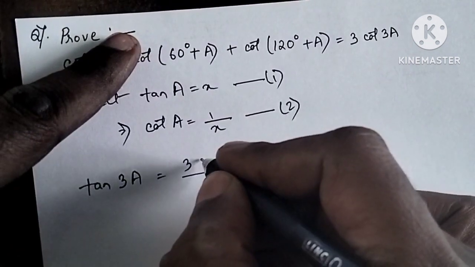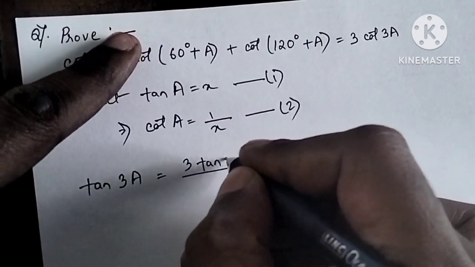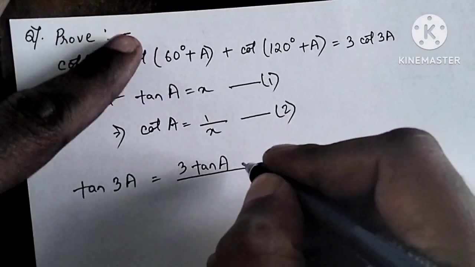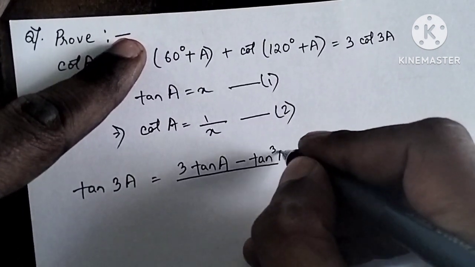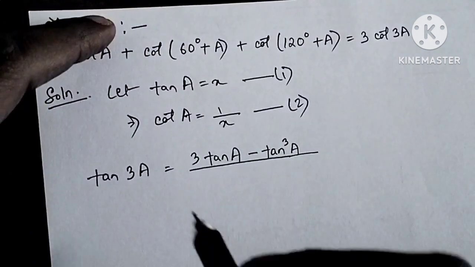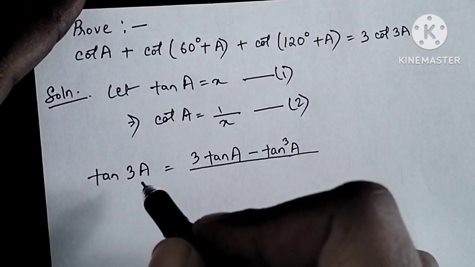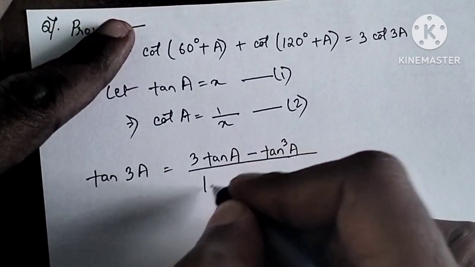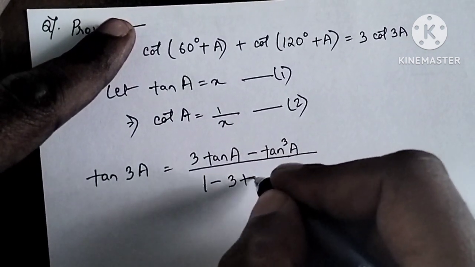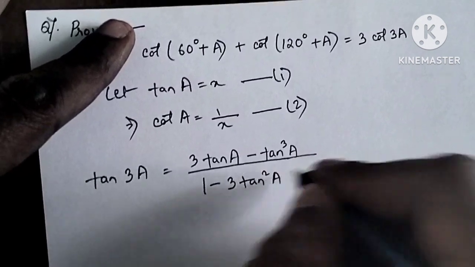Tan 3A is equal to (3 tan A minus tan cube A) by (1 minus 3 tan square A).